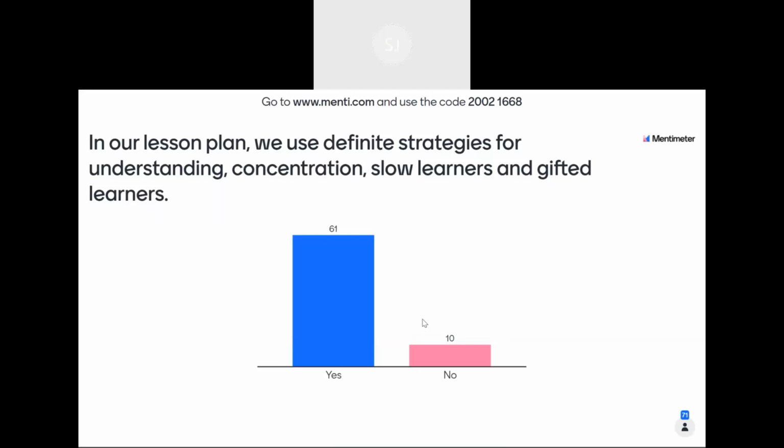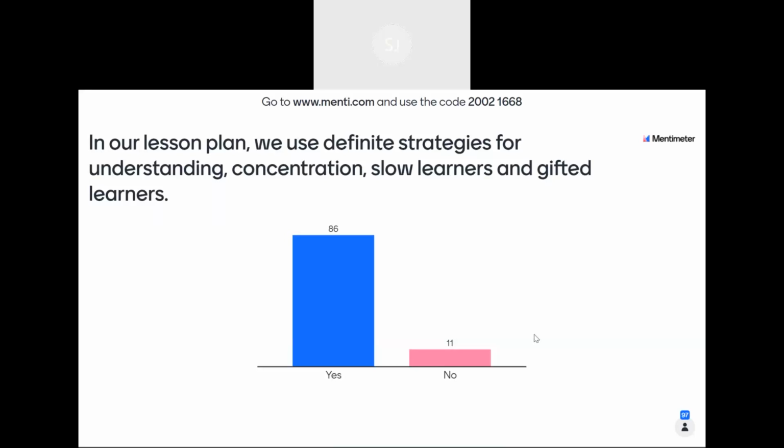And we can see a lot of people are saying yes. That is a very, very happy moment for us that many of us are using the strategies for understanding, concentration, slow learners, and gifted learners. Those who are not able to put it in the web browser can try to put it in the chat box.